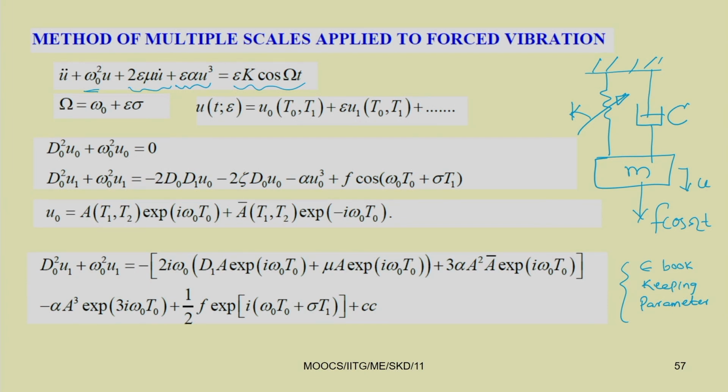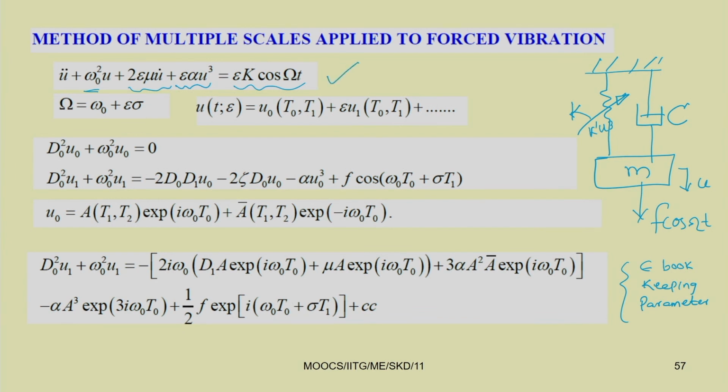If we are using some nonlinear stiffness term, for example k dash u cube, then k dash u cube divided by m gives epsilon alpha, so k dash by m will be epsilon alpha. That is why this term becomes epsilon alpha u cube. On the forcing side, F cos omega t divided by m, so F by m can be written as epsilon k cos omega t. This way you can derive this equation of motion.